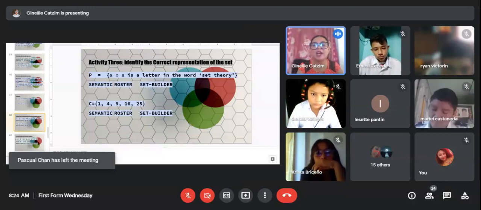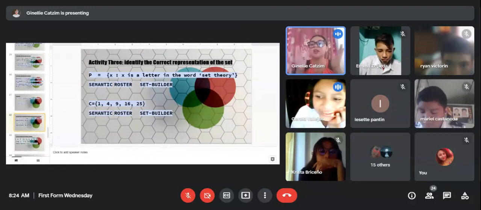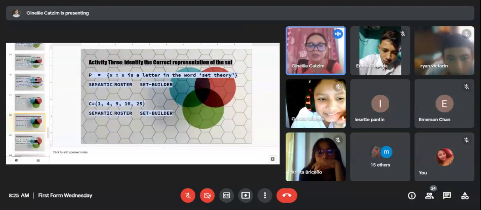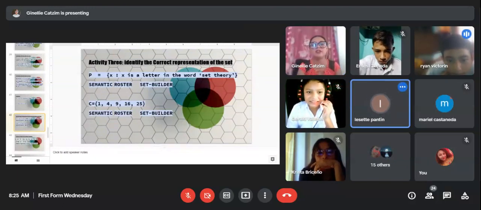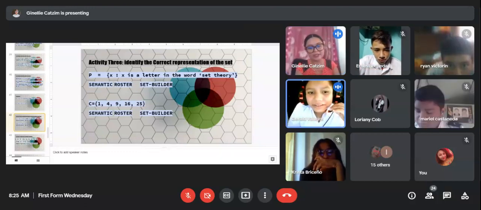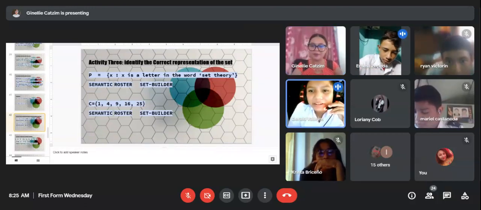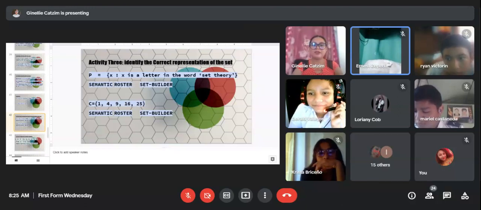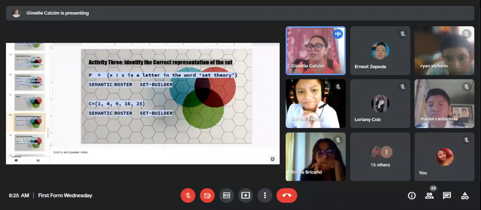It's not the same thing. We have semantic notation, we have roster notation, and we have set builder notation. Set P is set builder.